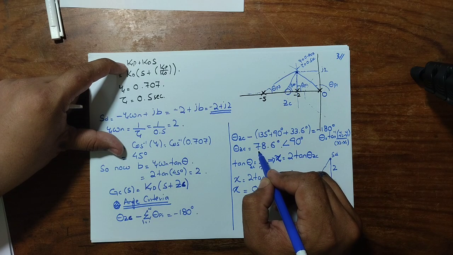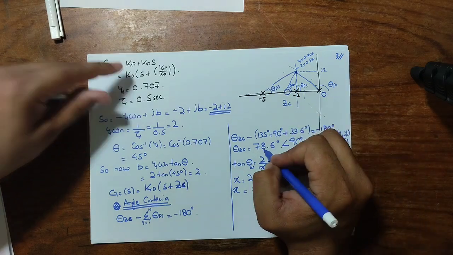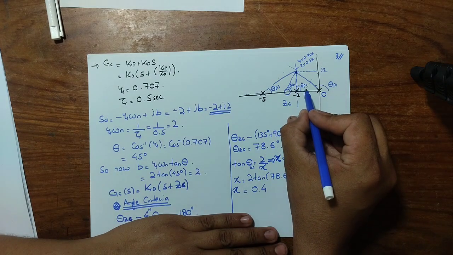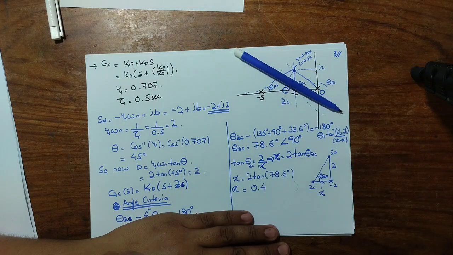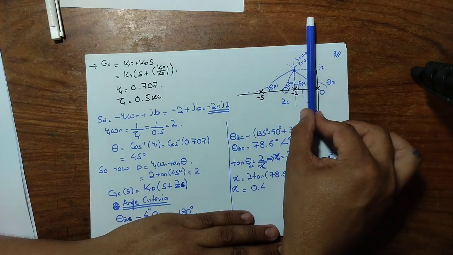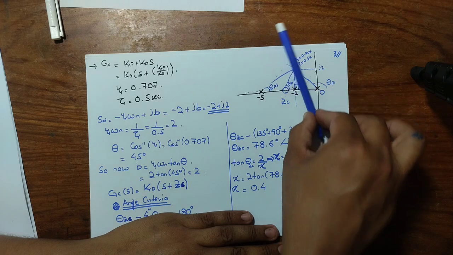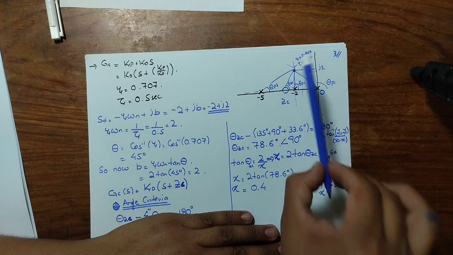Why? Because this 78.6 degrees is less than 90 degrees. Assuming that it is equal to 178.6 degrees, then obviously we would have to place it right here, like this, which implies that our new angle will be greater than 90 degrees. So this is 90 degrees at this point, and 178.6 degrees maybe at this point, right? Now we have a pole and zero which has a 78.6 degree contribution for this point.